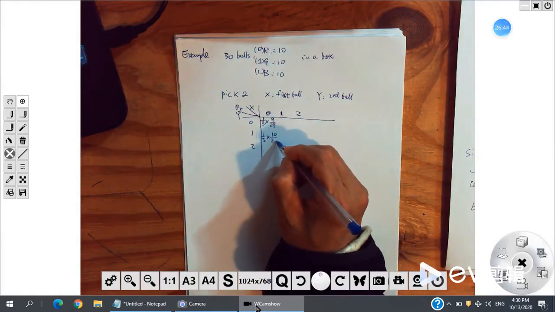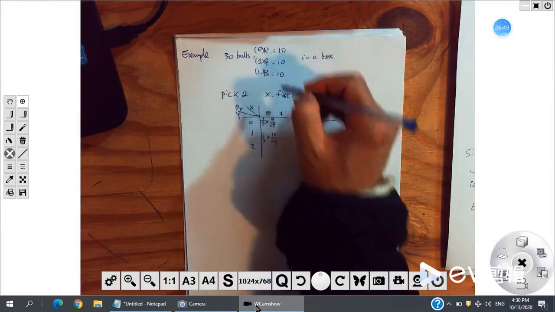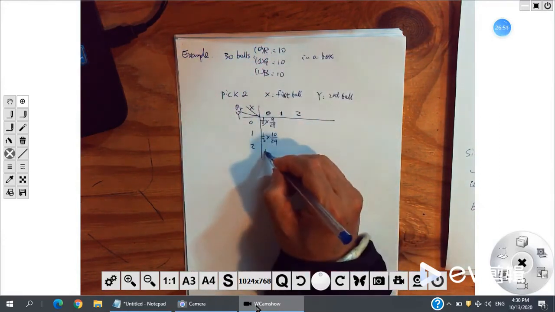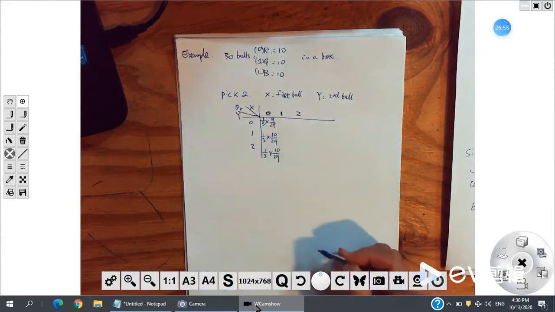Because the first time you pick a red, all the green and the blue bars are still there. And the last one is also similar, 1/3 times 10/29. So this is the first column.